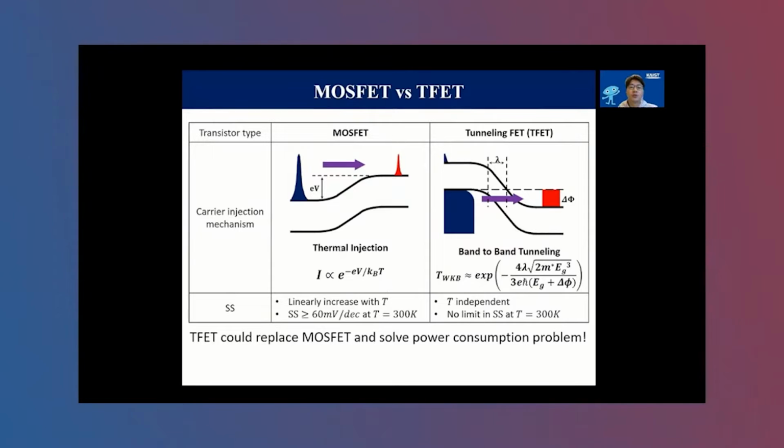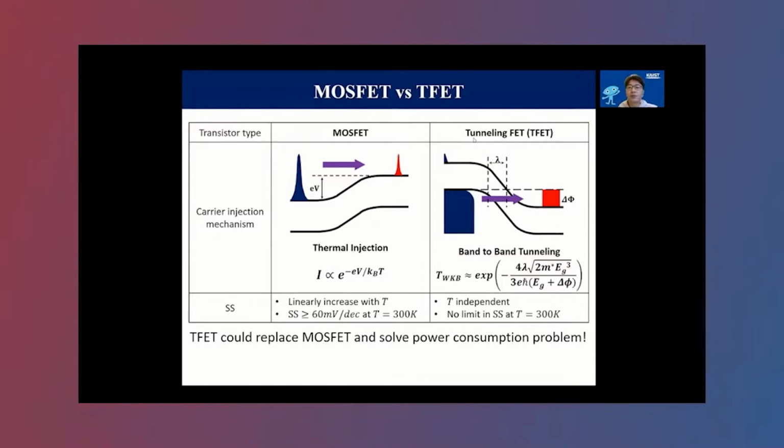Therefore, the current is proportional to exponential of minus eV over kT. For this thermal current, the subthreshold swing increases linearly with temperature, and cannot be lowered below 60 millivolts per decade.